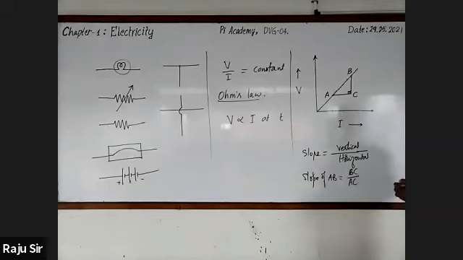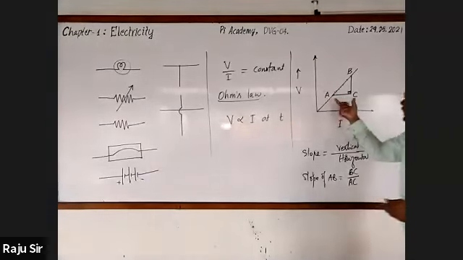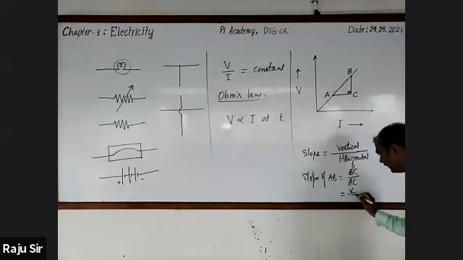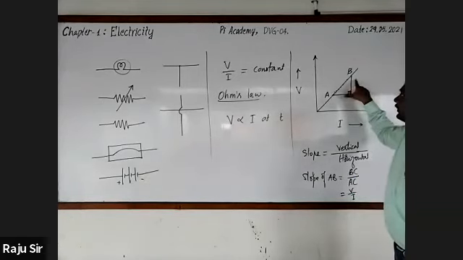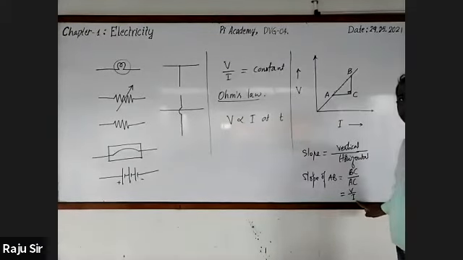BC is nothing but voltage, and AC is nothing but current. We can write V by I. Slope of AB equal to V by I. Potential difference and current graph is V by I.